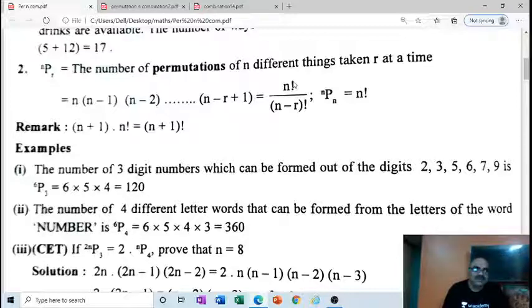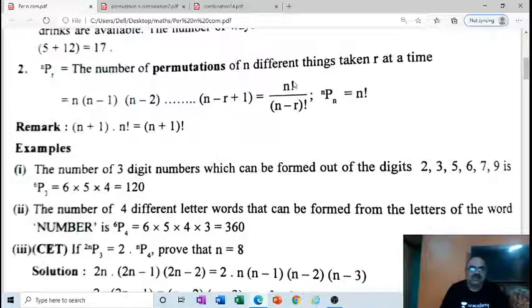And this arrangement has been given a term called permutation. At the same time, combination is selection out of that arrangement. We do select out of that arrangement. That's called combination.